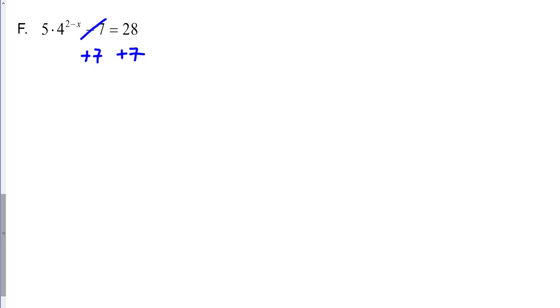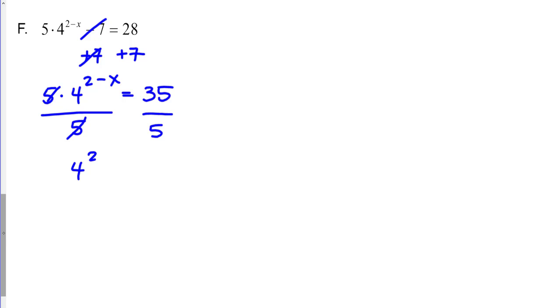So that cancels the constant minus 7 out. So 5 times 4 to the 2 minus x equals 35. Next, I have this constant multiplier of 5, and I can get rid of it if I just divide both sides by the constant. So 4 to the 2 minus x equals 7.